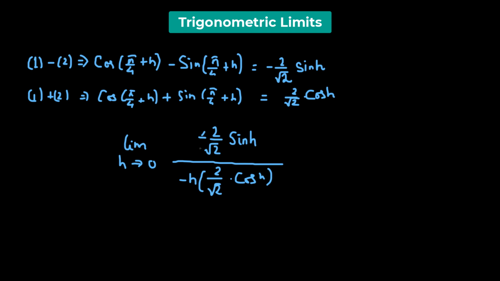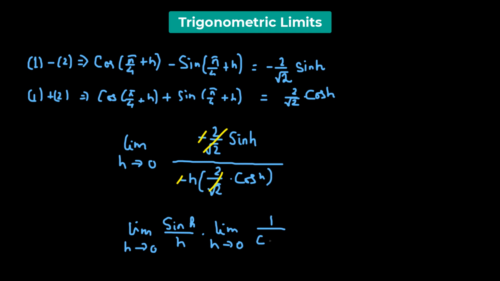So what we can do is cancel the negative sign. The negative sign gets cancelled, and 2 over root 2 also gets cancelled. Now we can rearrange it. So we'll get limit h tending to 0 of sine of h over h, multiplied by the limit h tending to 0 of 1 over cosine of h.